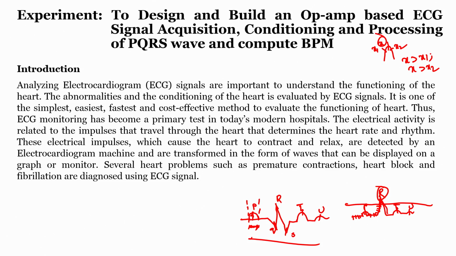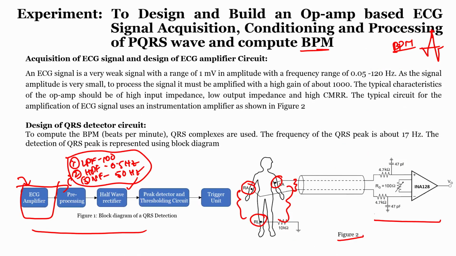In order to do that functionality using an operational amplifier, I have to design a circuit. Designing that circuit is nothing but a peak detector circuit and a thresholding circuit. Then after peak detection and thresholding, I have to compare. So, whenever I get a peak, I have to count it.